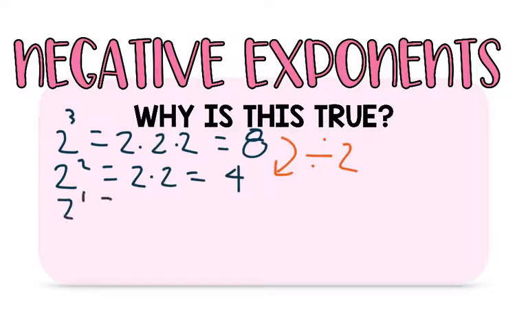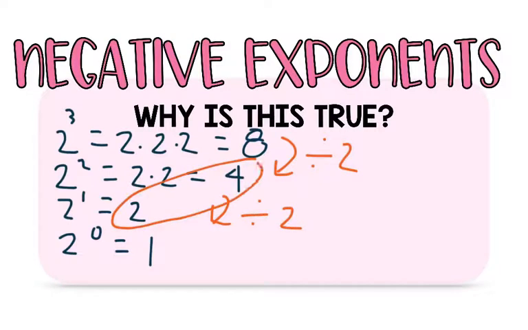So let's continue that. 2 to the 1st is 2. 2 to the 0 we know is 1. Just to check in and make sure that this dividing by 2 pattern is still happening, and it is. 4 divided by 2 is 2. 2 divided by 2 is 1. So we're still holding true with that pattern.